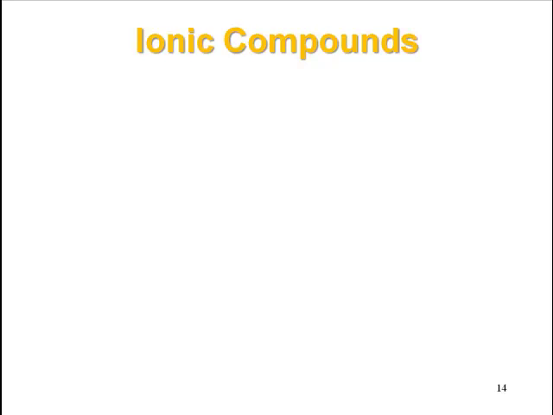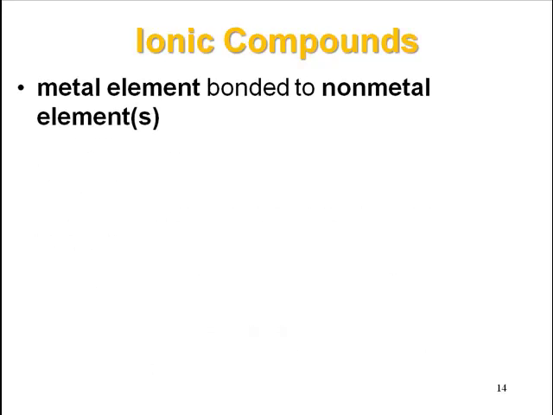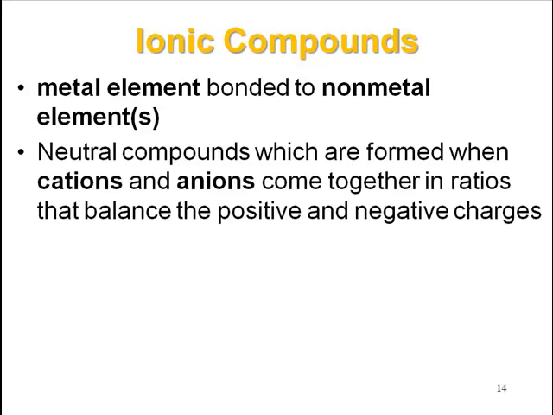Next class of compounds are ionic compounds. So in your notes, for ionic compounds, it's a metal element bonded to a nonmetal. Metal and nonmetal makes ionic. An ionic compound is a neutral compound which is formed when cations and anions come together in ratios that balance, or neutralize, the positive and negative charges.